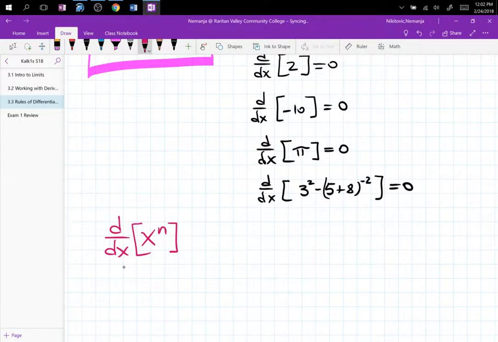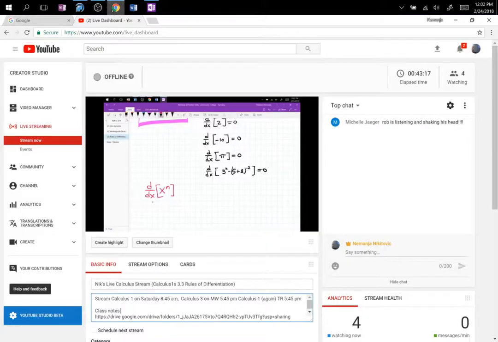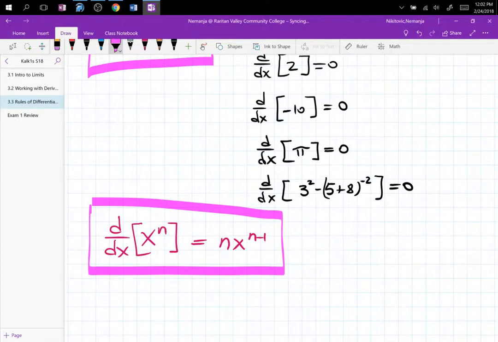It is n x to the n minus 1. Is this thing going? Good. So your polynomials are in here. Remember your x squared? Now you know its derivative is 2x. You do not have to do the limit now.